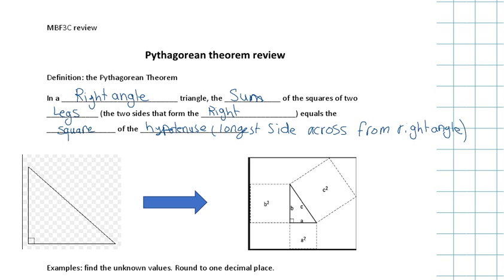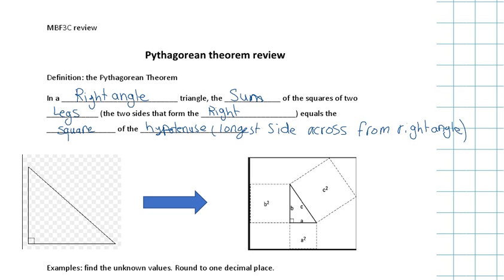That side is always located across from the 90 degree angle, and this only applies on a right angle triangle. Now, if you add the squares of the two legs, it's always going to equal the square of the hypotenuse.